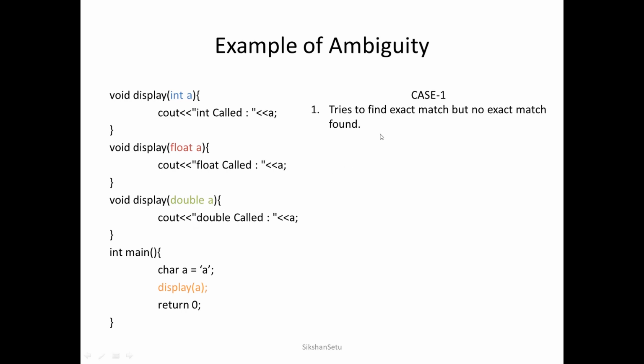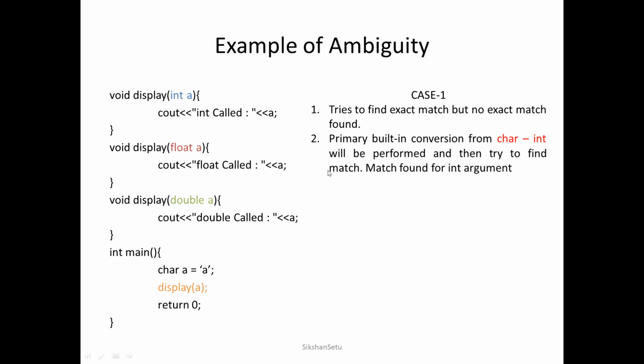Now the compiler tries to convert this character data type into an appropriate built-in type. So the character will be converted into an integer. The second step is primary built-in conversion from character to integer, and it tries to find a match. Now the compiler will check: it is converted from character to integer, so do we have any function named display with an integer argument?